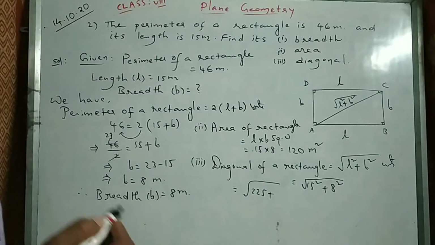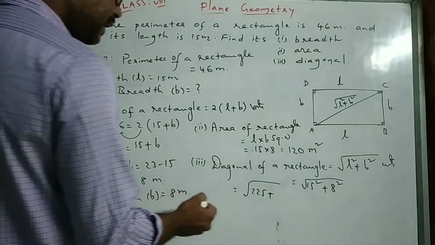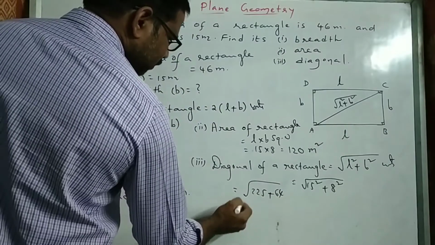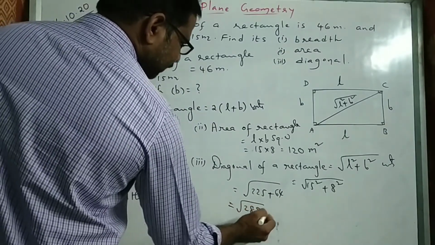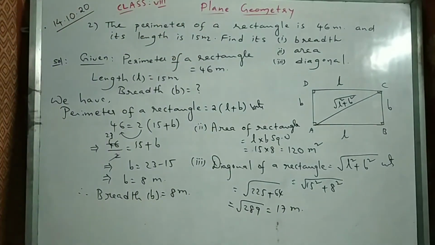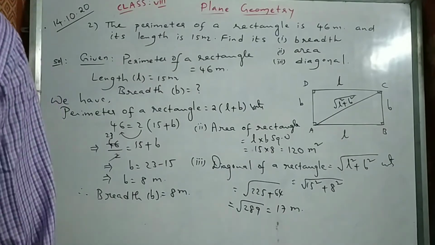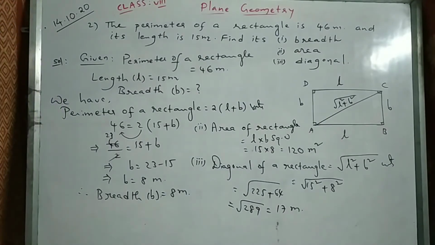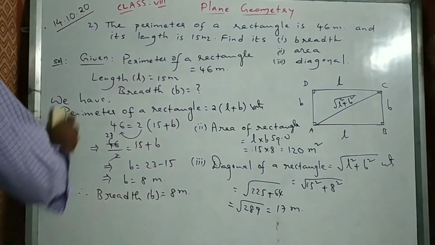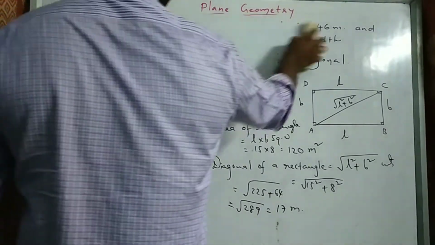Everybody should learn the perfect squares all up to 20. 225 plus 64, how much? 289. Square root is how much? 17. So what is the length of diagonal here? 17 meters. Next question please.